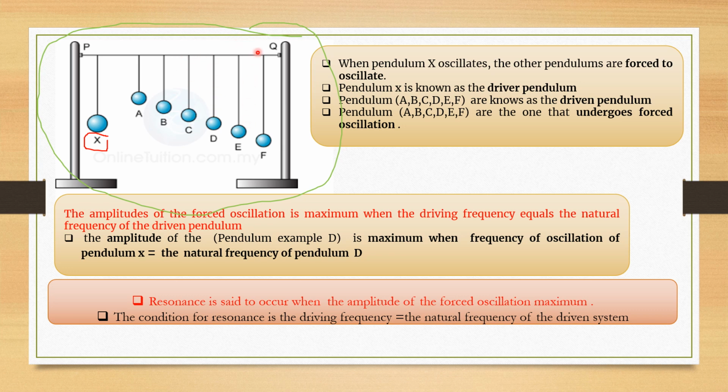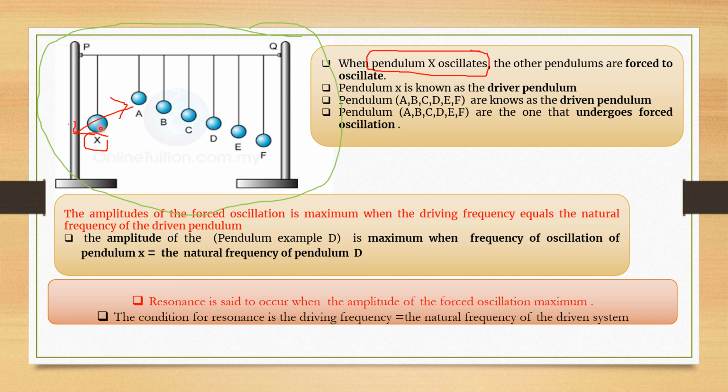Now let's study this pendulum based on the concept of forced oscillation. When you oscillate pendulum X, it will have a to-and-fro motion. The other pendulums are forced to oscillate.